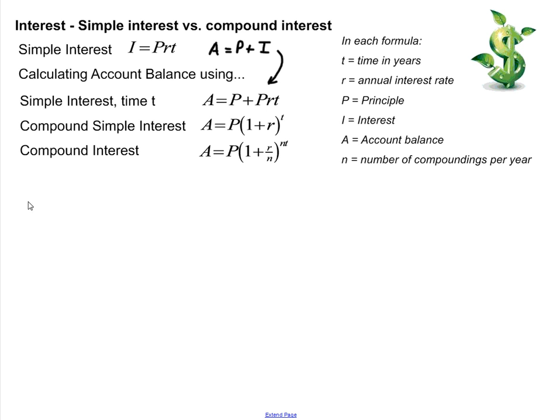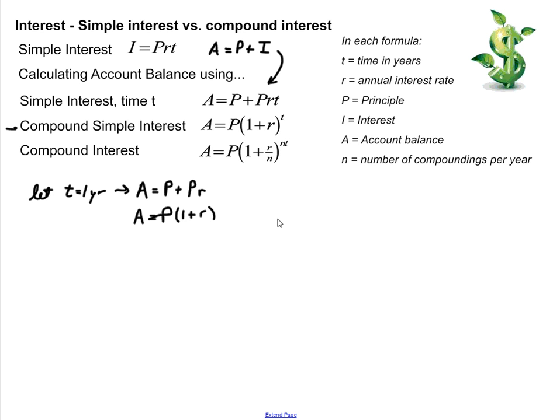So what does that mean? Let's assume that for the purposes of calculating compound interest, what we call compounding, we let t equal 1 year in our simple interest formula, which means that our account balance would be equal to the principal plus the principal times the rate times 1. Algebraically, I can factor out the principal, and that's 1 plus the rate, right?